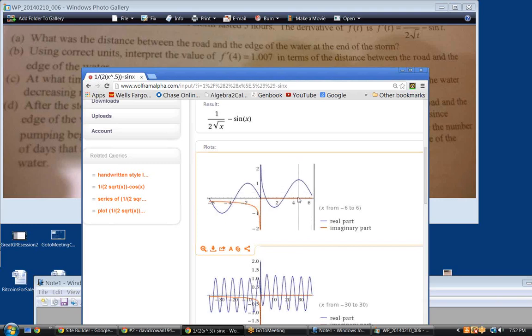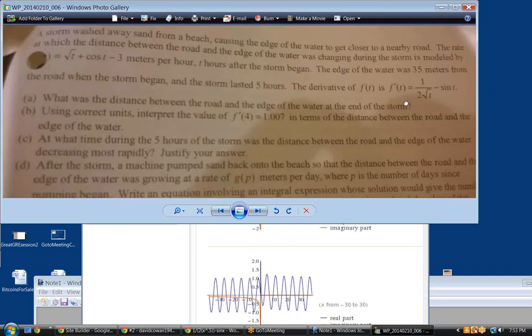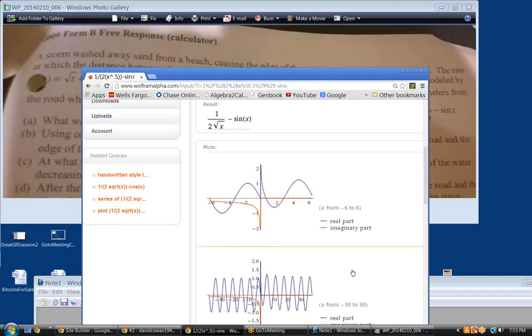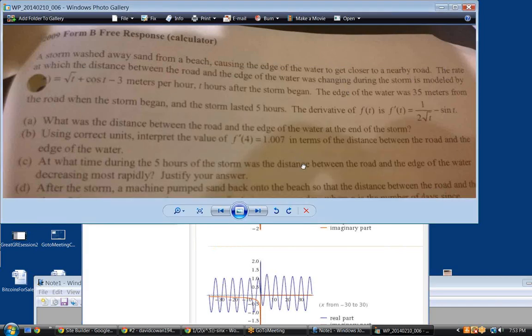You're plugging in the zeros and the endpoints into this equation up here. And apparently f of 5 gives the biggest number, not f of 0.66, nor f of 2.84, nor f of 0. All right.